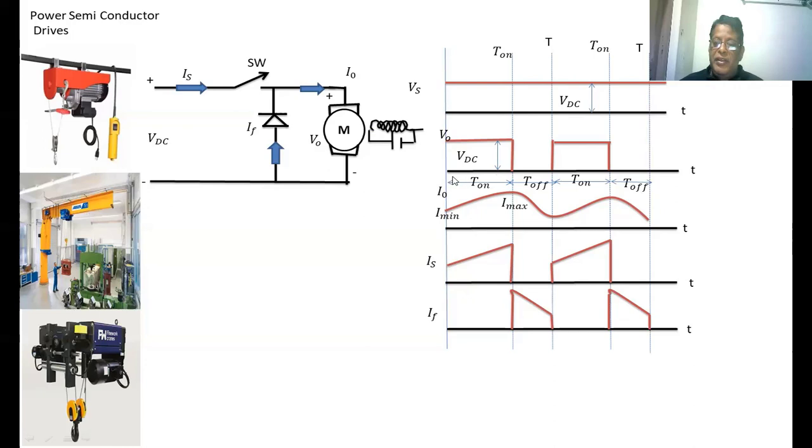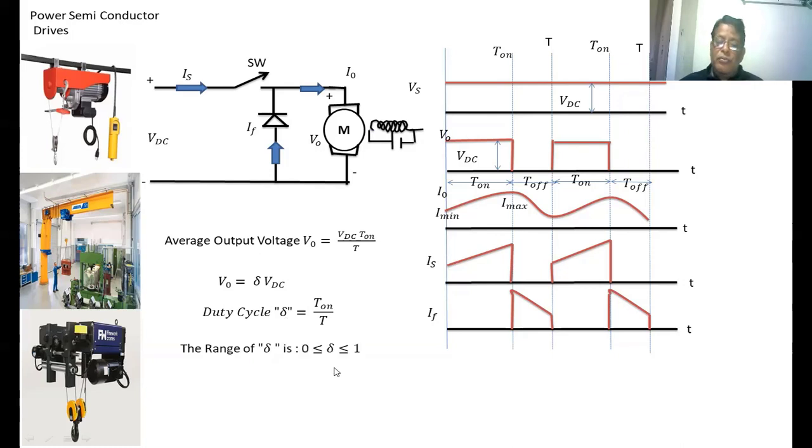This is the total time period T. This area is a rectangle, T on into VDC, divided by T. So the average output voltage V naught equals VDC into T on, this area, divided by the total time period T. T on by T is the duty cycle delta, where delta equals T on by T. For a given time period, if we change the on period, we can vary the delta value, greater than 0 and less than 1.